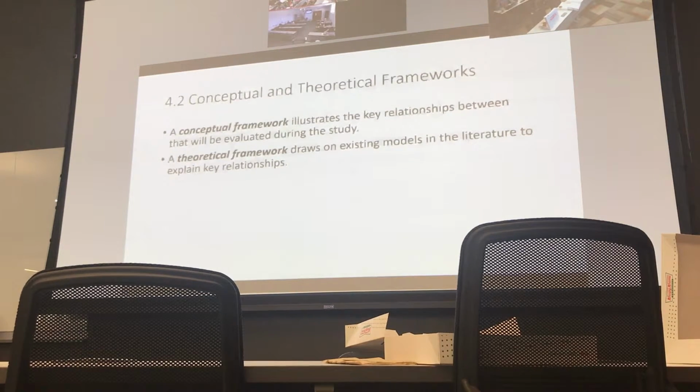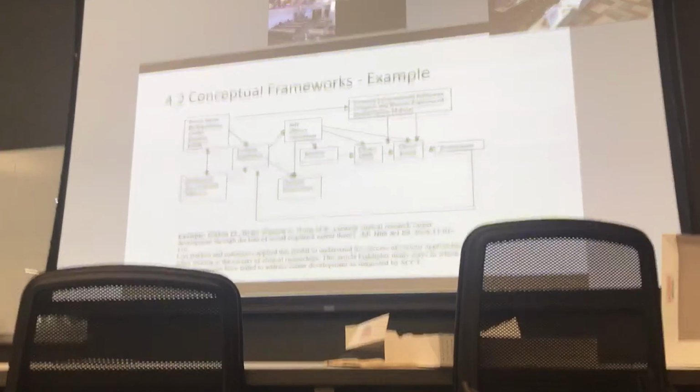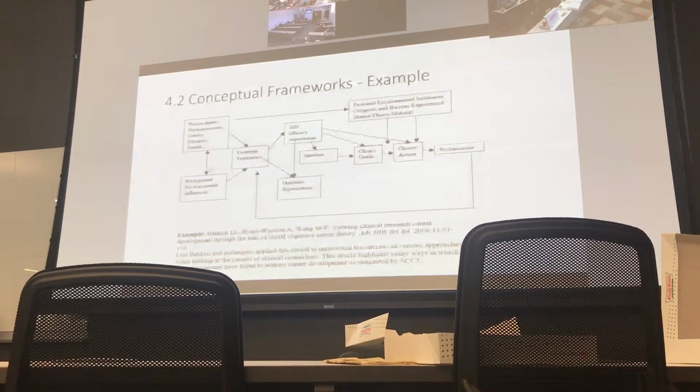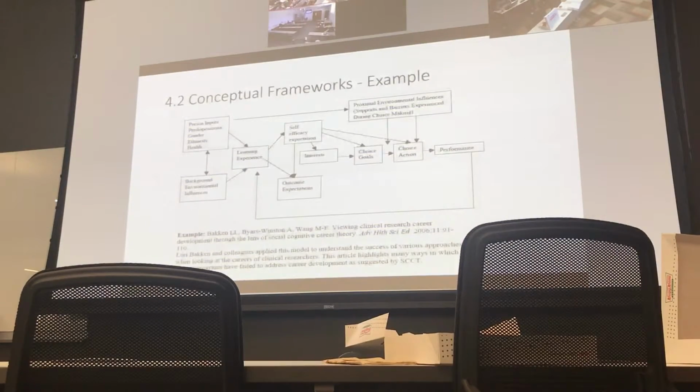So this is an example of a theoretical or conceptual framework, right? It looks like a lot, but don't be confused. From this standpoint, it's very simple. Say, for example, I wanted to look at pharmacy school performance. These are the relationships that are going to impact pharmacy school performance.